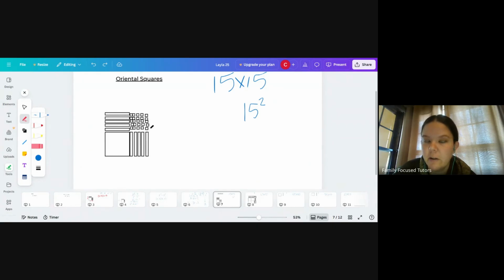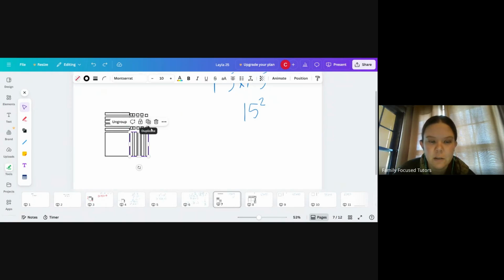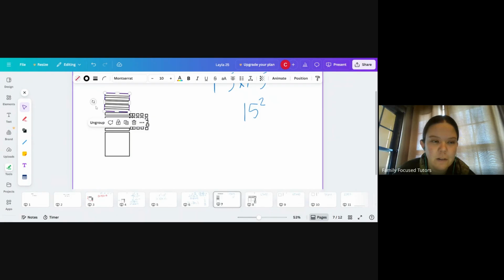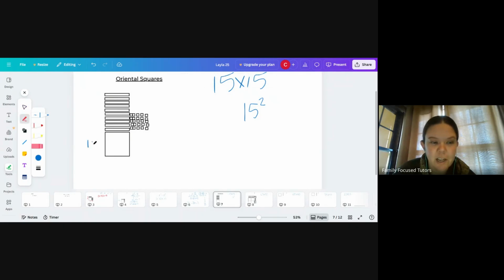over here. So what you can do, theoretically, is take this, rotate it, and move it up here. And then you have 10 times 1, 2, 3, 4, 5, 6, 7, 8, 9, 10. So then you have 10 and you have 10.